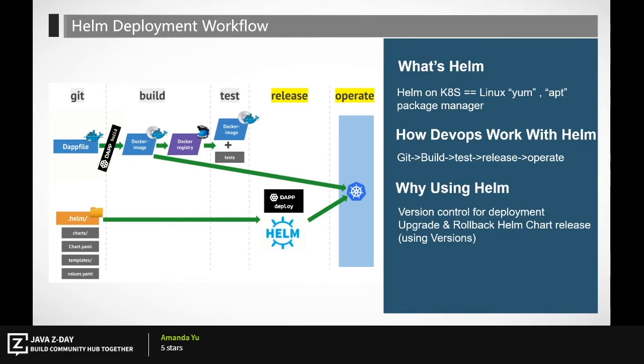When we use the direct way of writing YAML on Kubernetes, it sometimes cannot have parameter settings. Later, I will show you how we can do the parameter setting with Helm.